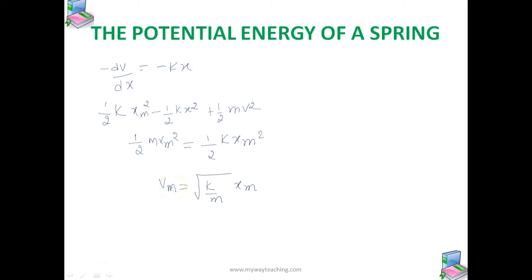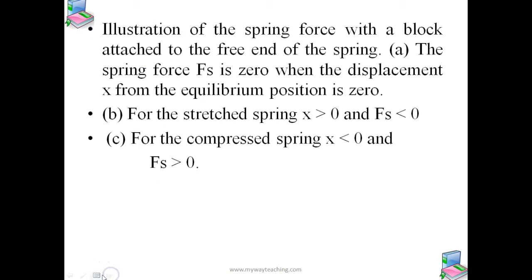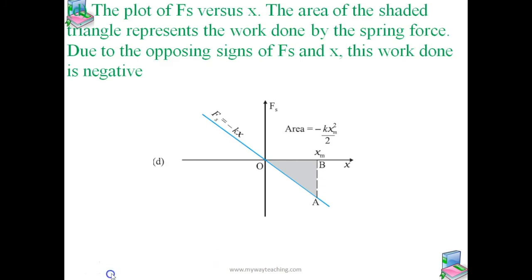So k by m has the dimensions of 1 over t square, and the equation is dimensionally correct. The kinetic energy gets converted into potential energy and vice versa, and the total mechanical energy remains constant. We can see graphically all those things in the figure.